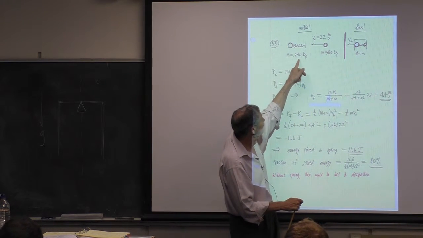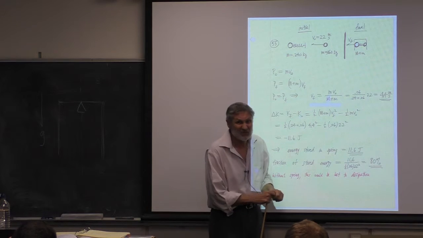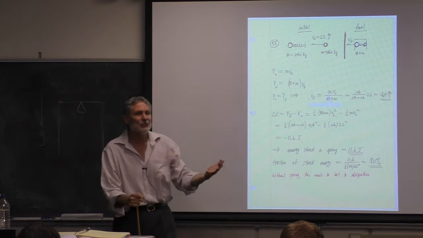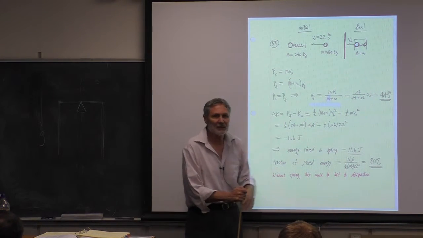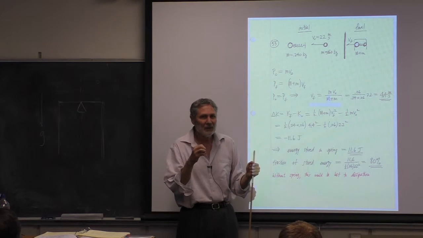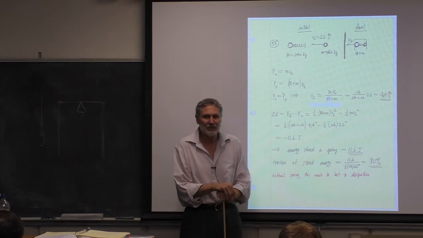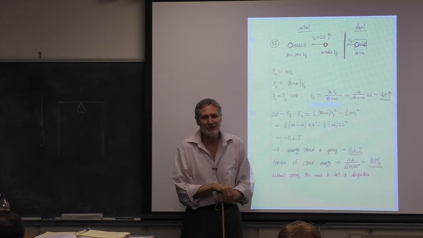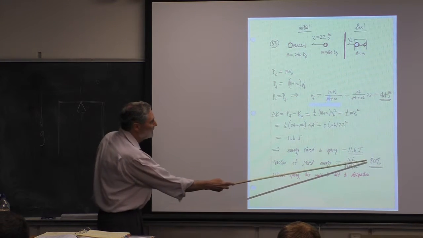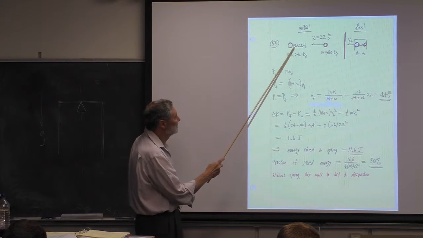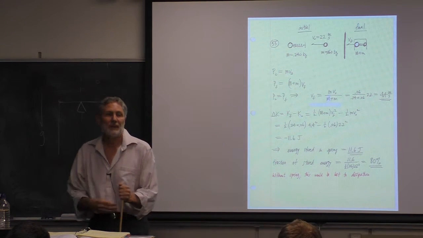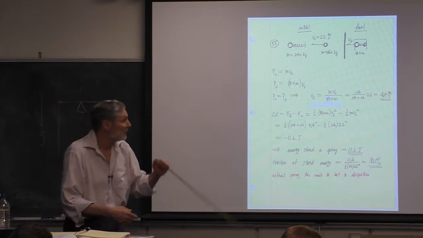And incidentally, it is pretty large, factor of 4. But go to the extreme case, when this is much bigger than that. What's going to happen? Is it going to move? No. So in that limit, what's going to be the fraction of stored energy? 100%. Right. So we're getting this high value here because this is substantial. It's a factor of 4 greater than that. And it would be the opposite if it were lighter.